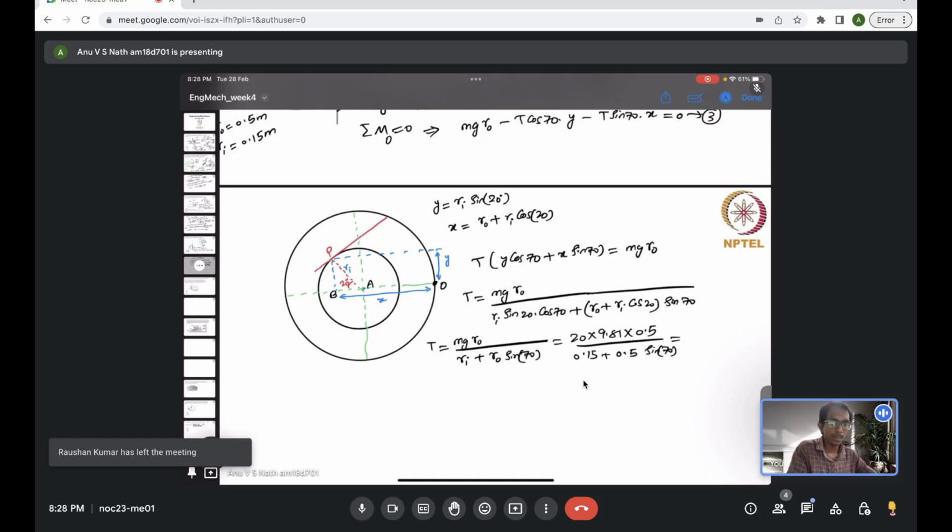So the tension in the string, we can evaluate it to be 158.265 Newton.